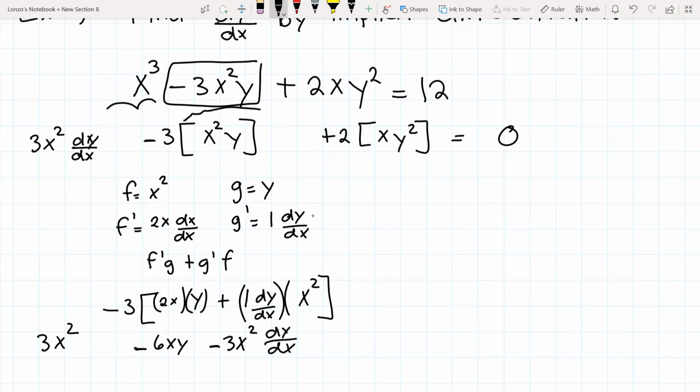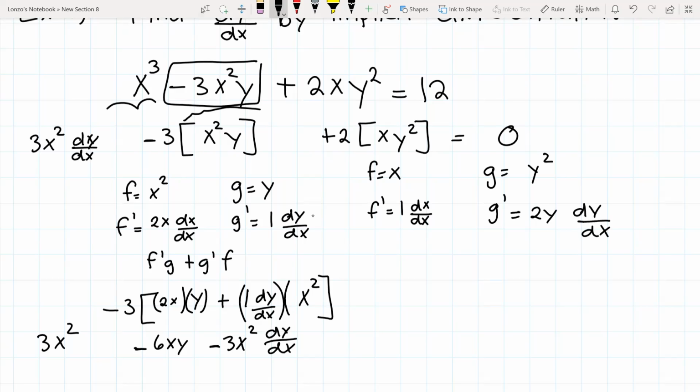Okay, now let's take the derivative of this thing. Same thing, product rule, f is x. The derivative with respect to x would be 1 dx over dx, or just practically 1. G is y squared, so g prime would be 2y dy dx.